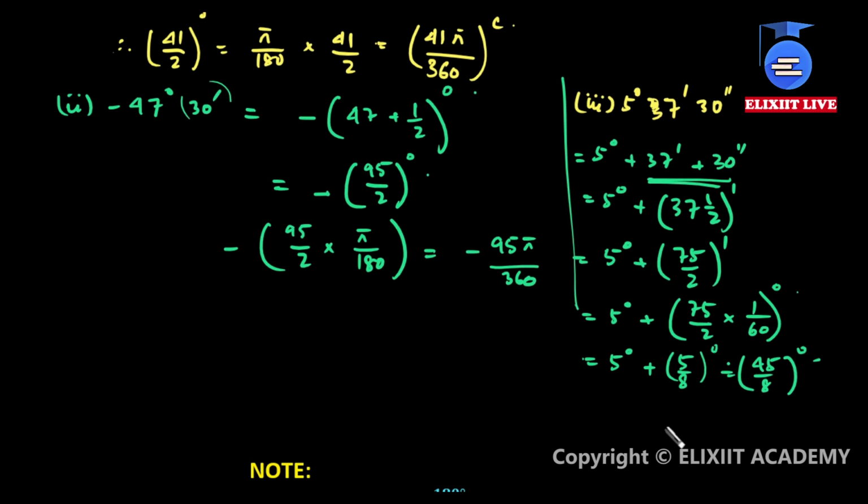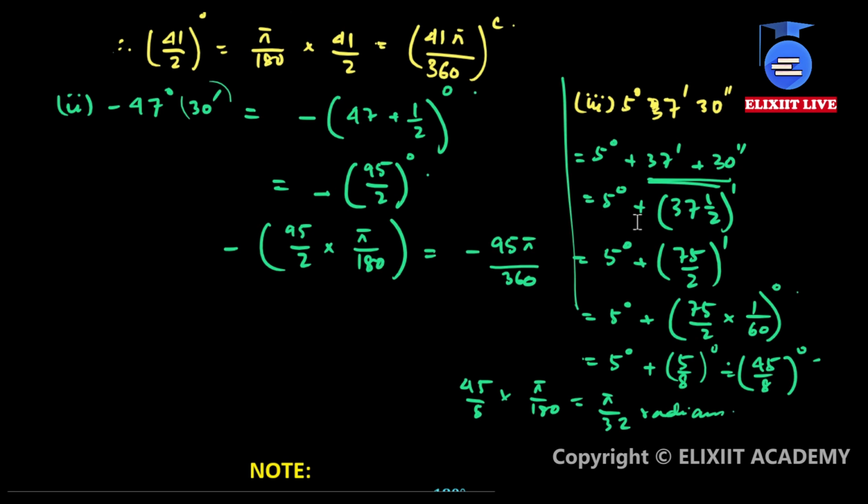Now simply convert this 45 by 8 in terms of radians. 45 by 8 into pi by 180, which is pi by 32 radians.